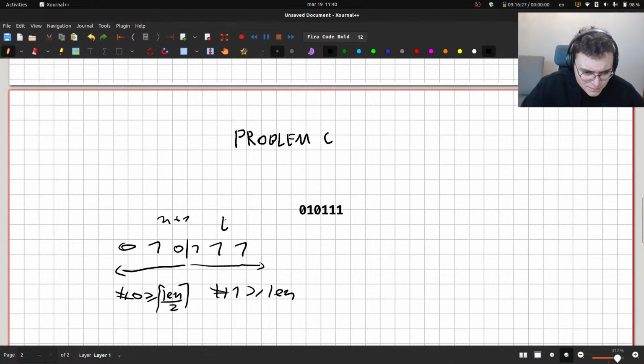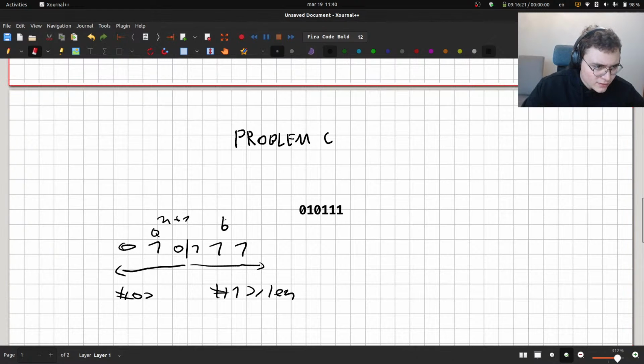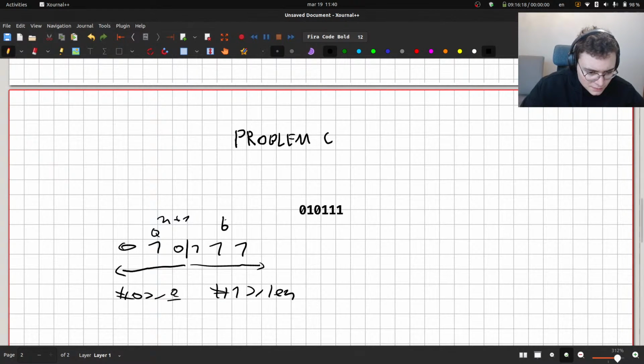Let's say that we have b numbers here and a numbers here. Then we want the number of zeros on the left to be greater than a divided by 2, and the number of ones on the right to be greater than b divided by 2. Great.